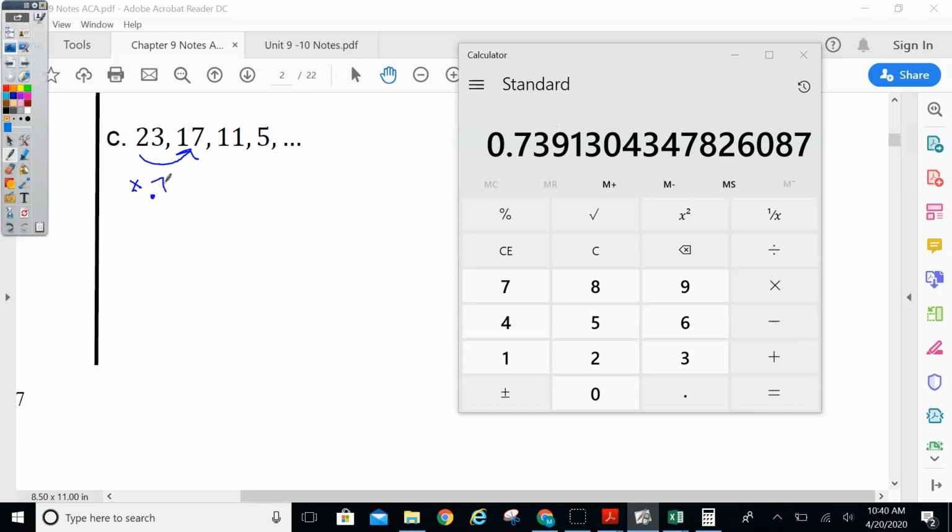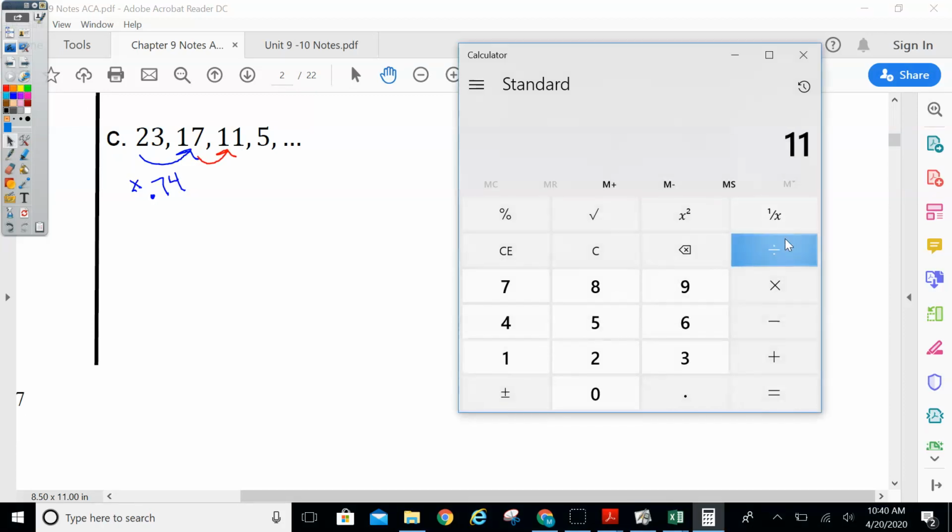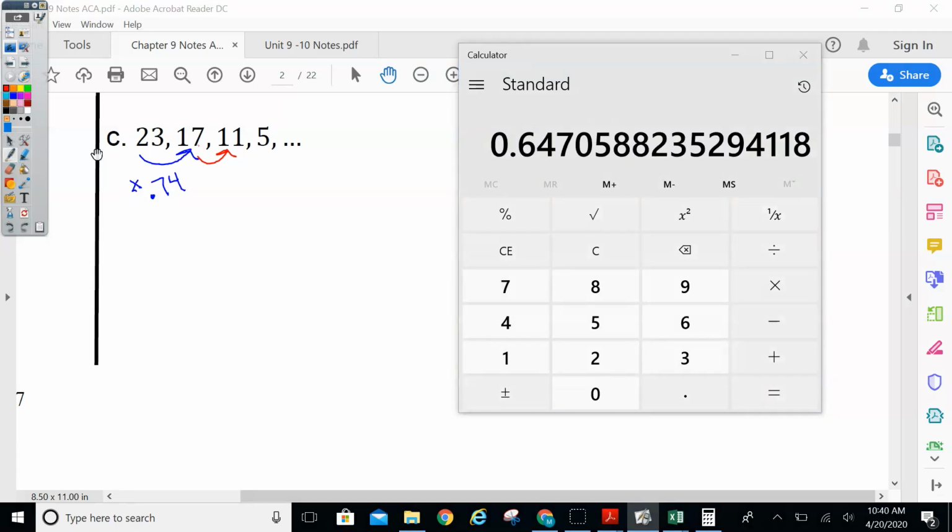So 0.74. Then you do the next one. 11 divided by 17 is a different number. 0.65. So again, right there I can stop and say that it's not geometric.